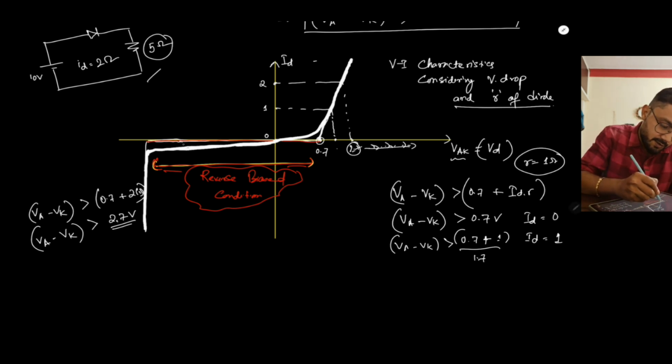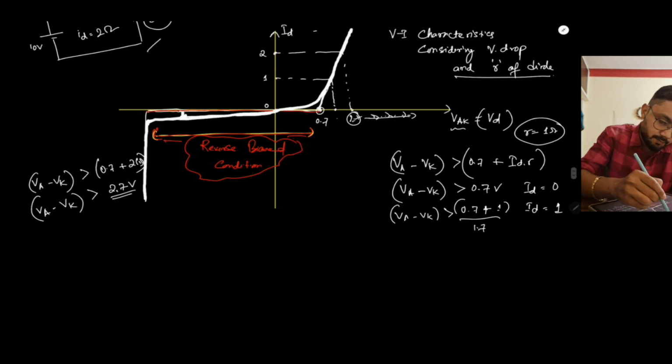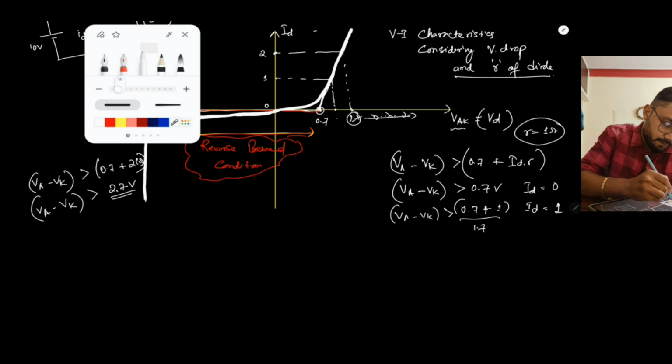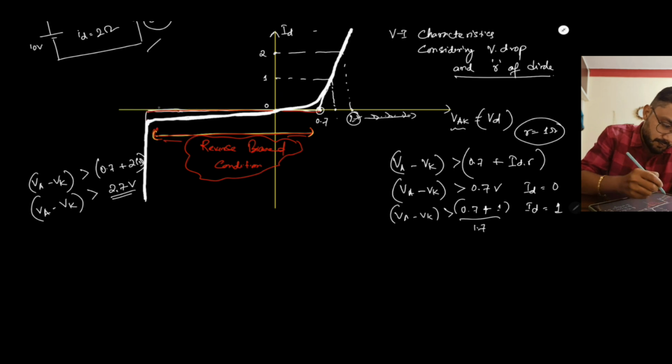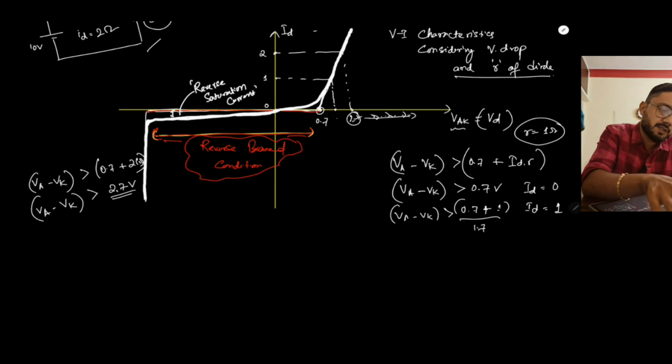So this amount is the reverse saturation current. Okay, this is mainly due to the minority charge carriers that are present in the diode. Fine.